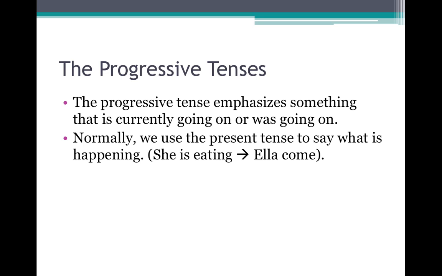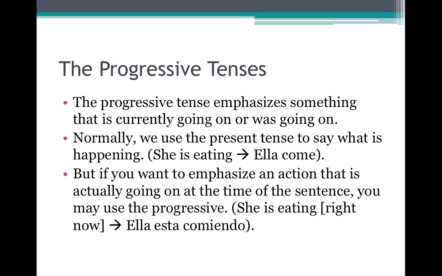But in English, we say she is eating, and that is the equivalent to the progressive tense. The ing is what we call the present progressive in English. But in Spanish, she's eating is ella come. But if we wanted to emphasize that she's eating, like right now, we're going to use the Spanish progressive tense.